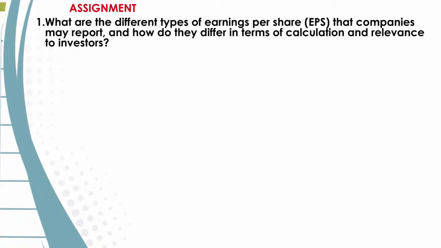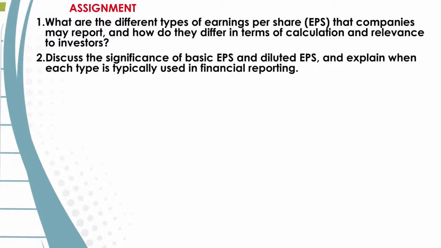Here is today's assignment. Question 1. What are the different types of earnings per share that companies may report, and how do they differ in terms of calculation and relevance to investors? 2. Discuss the significance of basic EPS and diluted EPS and explain when each type is typically used in financial reporting. 3.